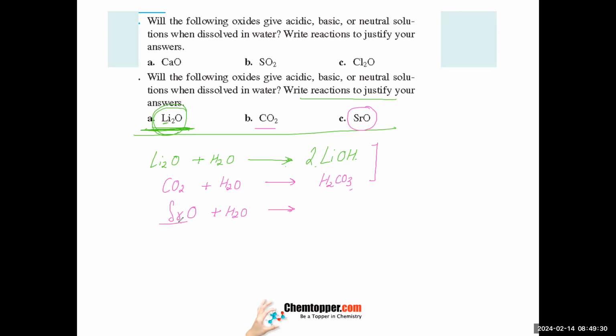It's metallic, which means basic. So what's the product? Check Sr in the periodic table. What is the charge on Sr, Nivriti? Strontium plus 2. So with OH minus, what's the formula here? Yes, Nivriti, can you try the formula? Aslesha, you try the formula?